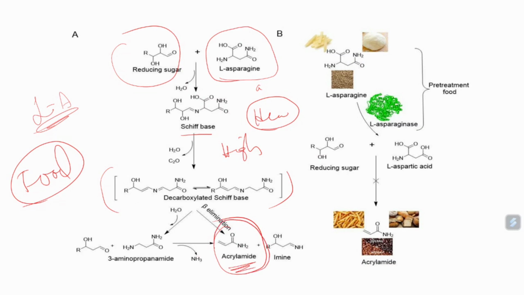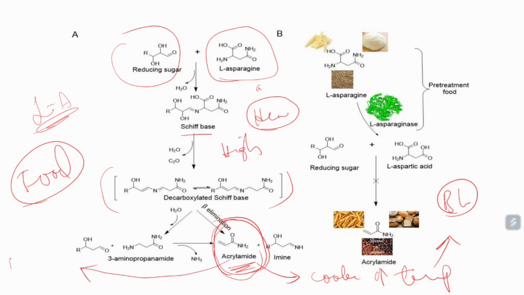This acrylamide is the product which is obtained especially in food items where food is cooked at high temperatures. When in high temperatures, the food is converted into a black colored substance. This black colored substance is one in which acrylamide is one form. This acrylamide is considered a carcinogenic agent.